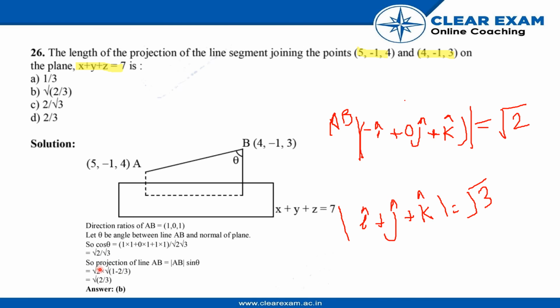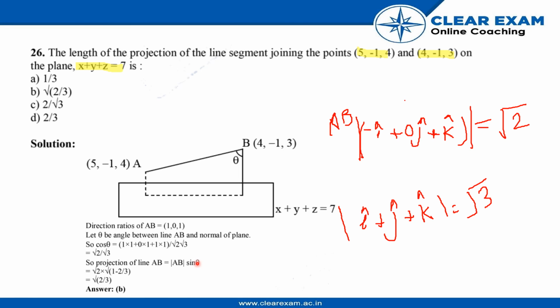Now, as I said, we need to find the projection on the plane. So we need to find cos of 90 minus theta, that would be equal to sin theta, right? So the projection of the line is the magnitude of AB into sin theta. AB is equal to root 2. We know cos square theta plus sin square theta is equal to 1.